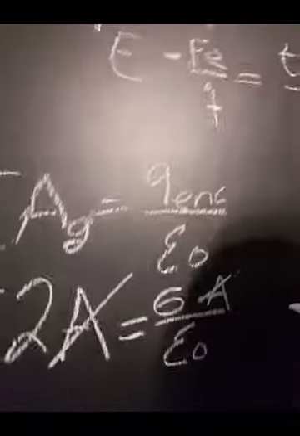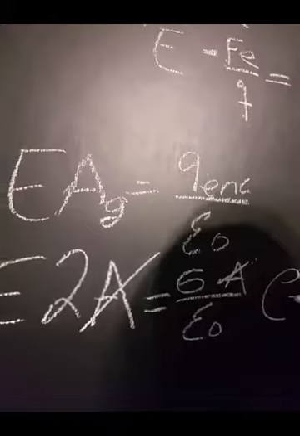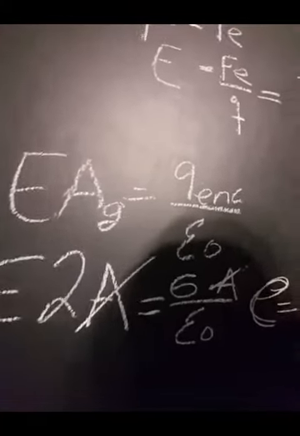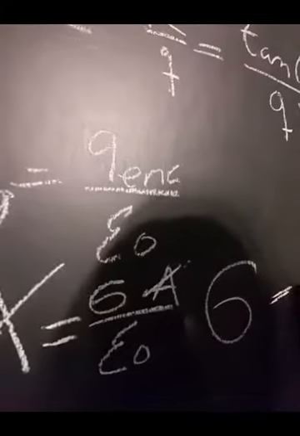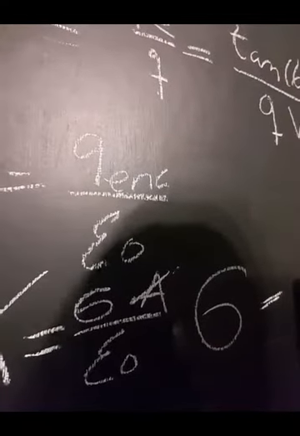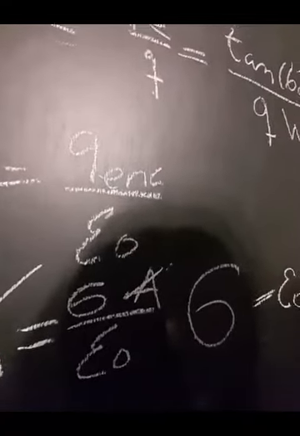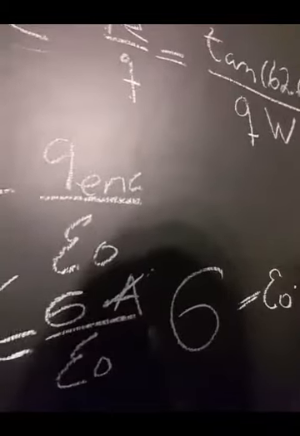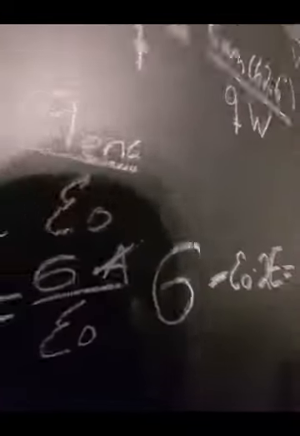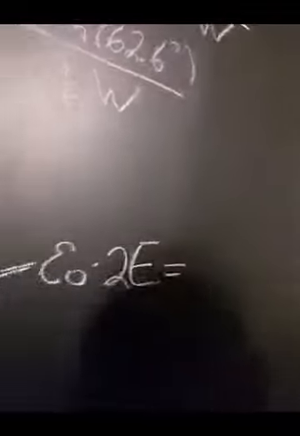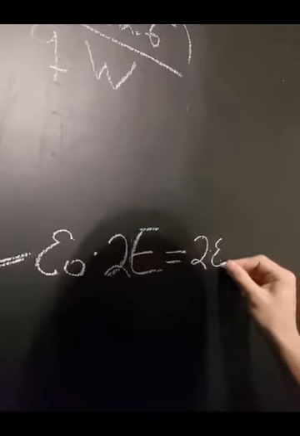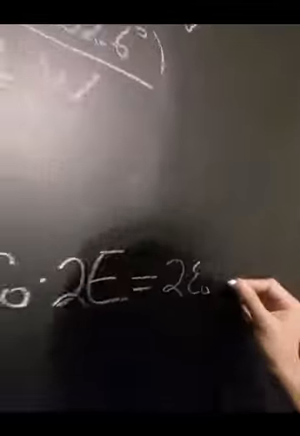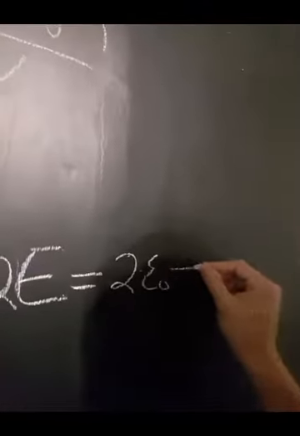And we get that sigma will be equal to epsilon 0 times 2 times the electric field, which will equal, in turn, 2 times epsilon 0 times this.